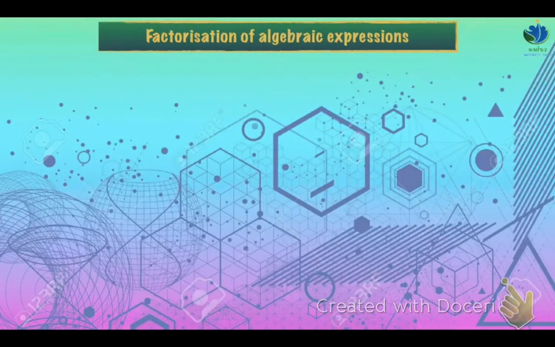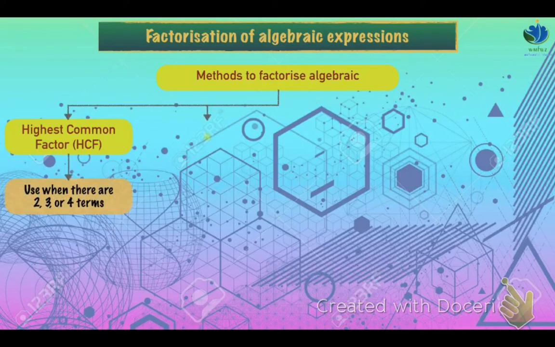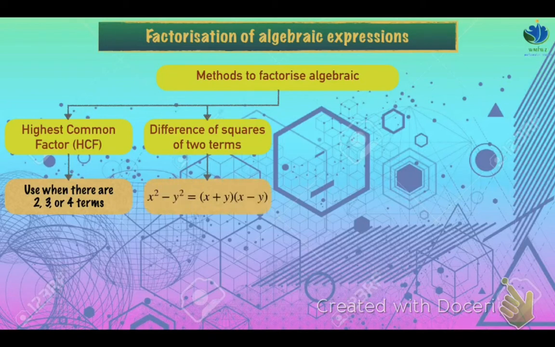Okay, now we see the factorization of algebraic expressions. So there are four methods to factorize algebraic expressions. The first one, highest common factors. Here we use it when there are 2, 3 or 4 terms. Second, difference of squares of 2 terms. Here there is the formula x squared minus y squared. When we factorize, it will separate into 2 brackets.